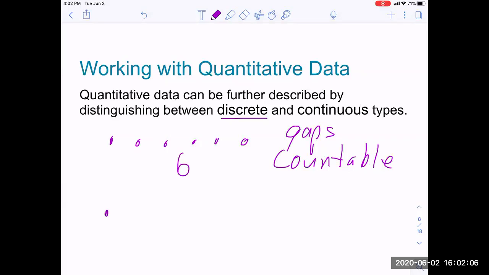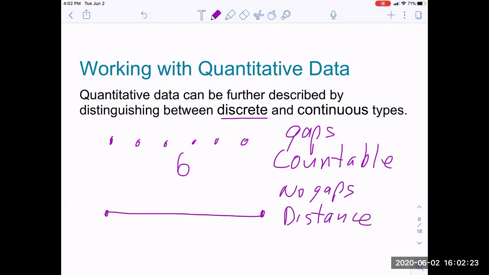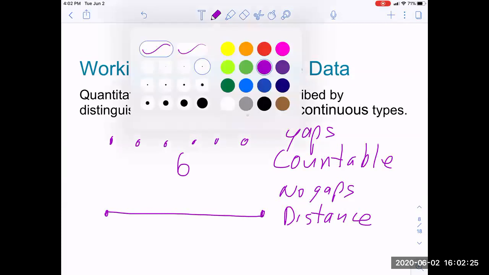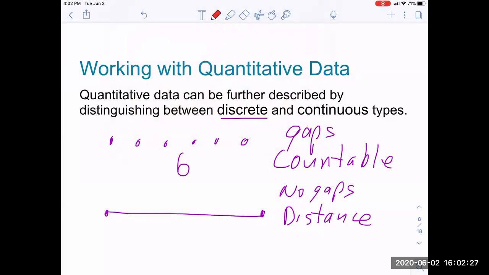Now, suppose here's a dot and here's a dot, and I want to measure the distance. Notice there's no gaps. And this distance, it's not countable because really it could be any value in here.